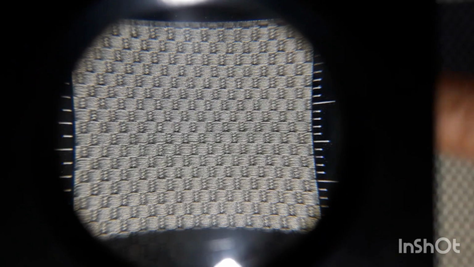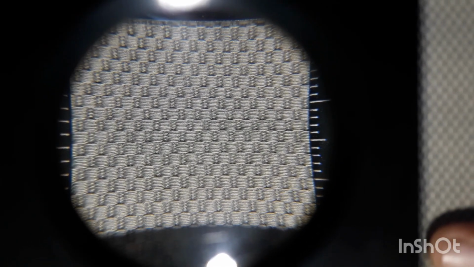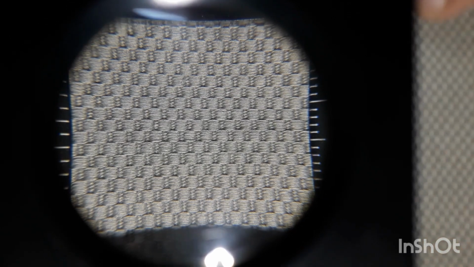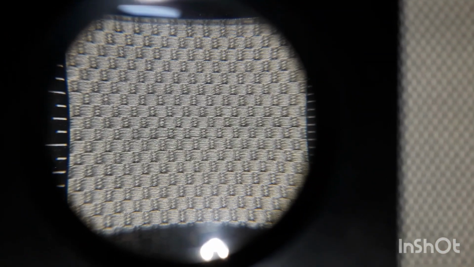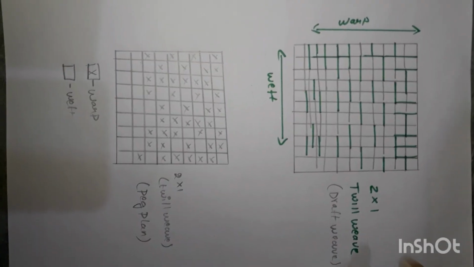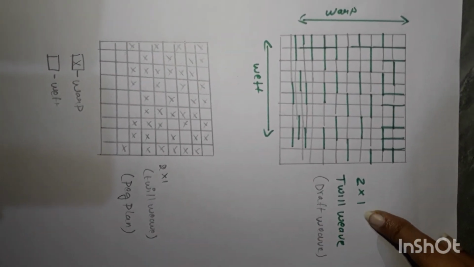In between, the warp yarn has been interlaced with the weft yarns. So as we have seen in the fabric samples, we have found that it is a twill weave.